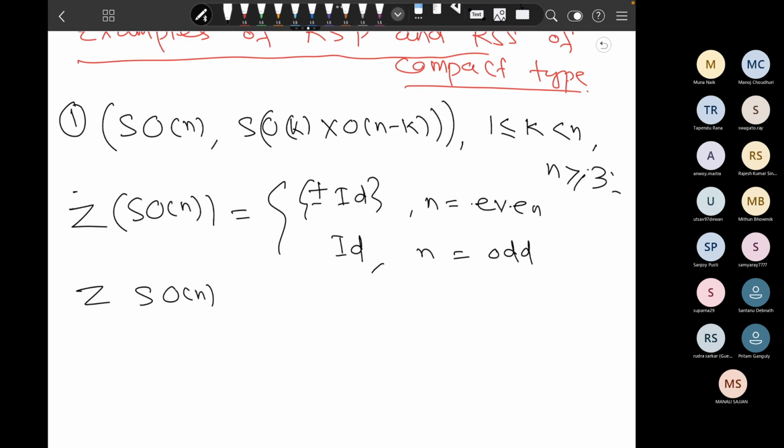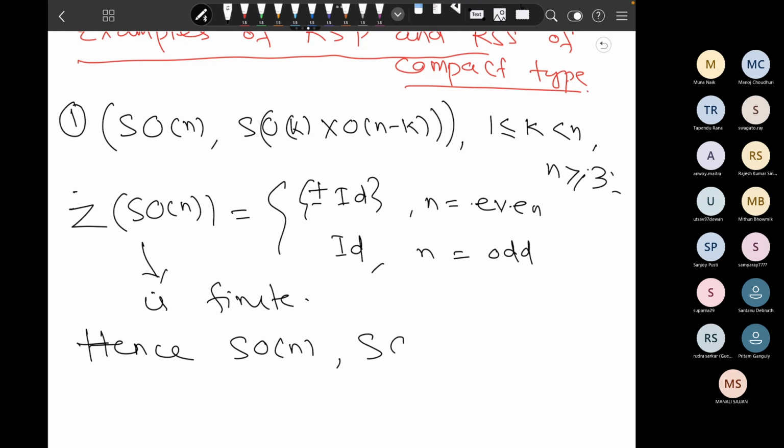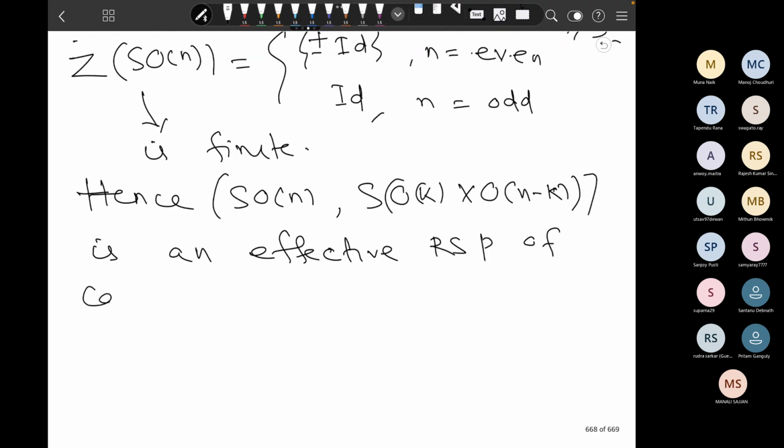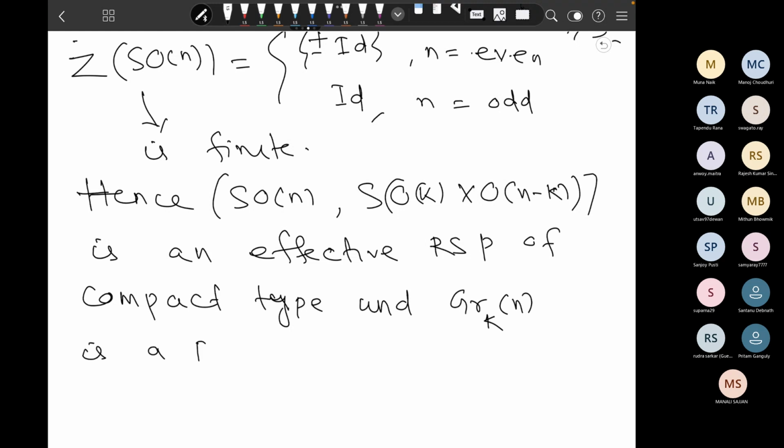So Z of SO(n) is finite. Hence, SO(n) with SO(k) x O(n-k) is an effective Riemannian symmetric pair of compact type, and this Grassmannian, what was the notation, Gr(k,n), is an RSS of compact type.